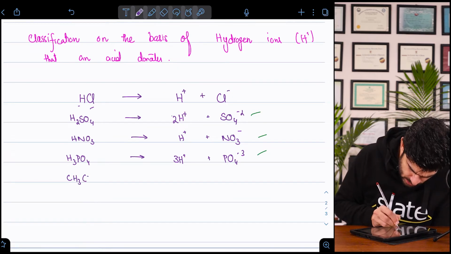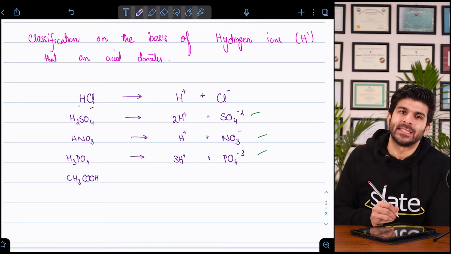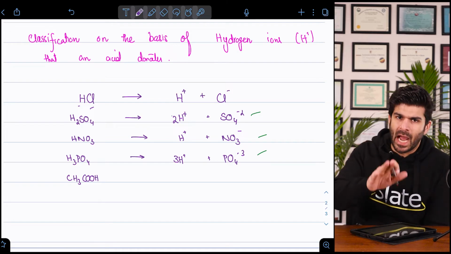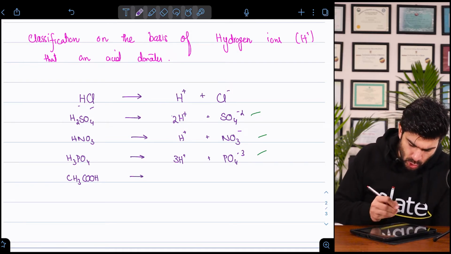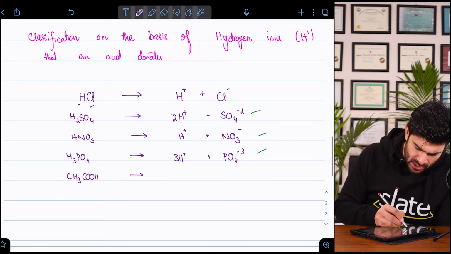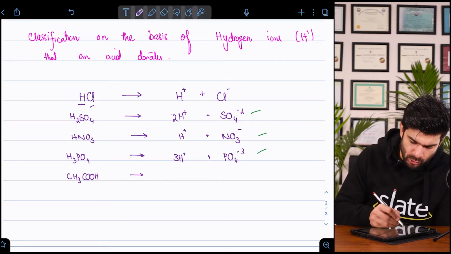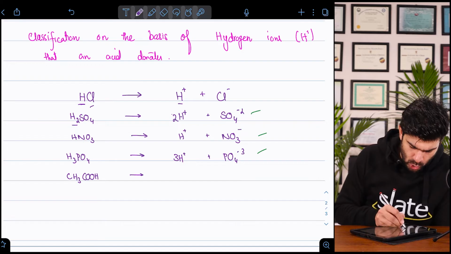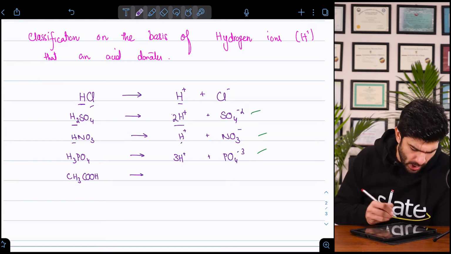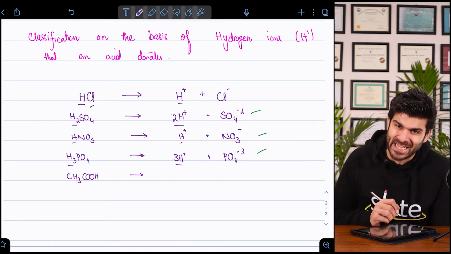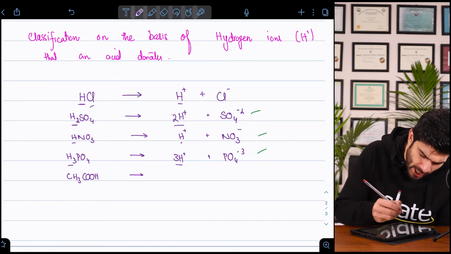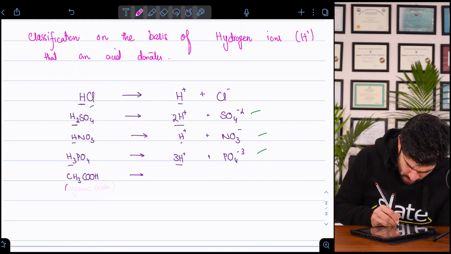Now, this is acetic acid, ethanoic acid. That name you will study in organic chemistry. So technically in HCl, what do we see? 1 hydrogen, so 1. 2 hydrogens, so 2. 1, so 1. 3, so 3. But when we talk about organic acids, this is an organic acid. Organic acids have carbon in them.